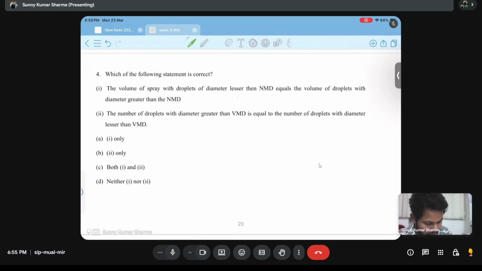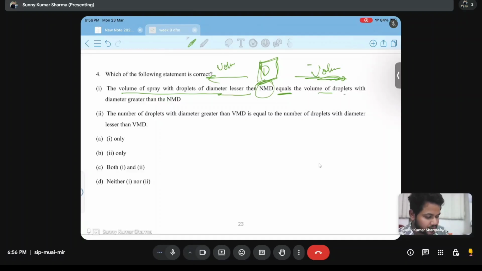On one side there is one diameter, and the volume of spray with droplets of diameter lesser than this diameter on this side equals the volume of droplets with diameter greater than this on the other side. Both sides' volume is equal, and it is telling that this is NMD.